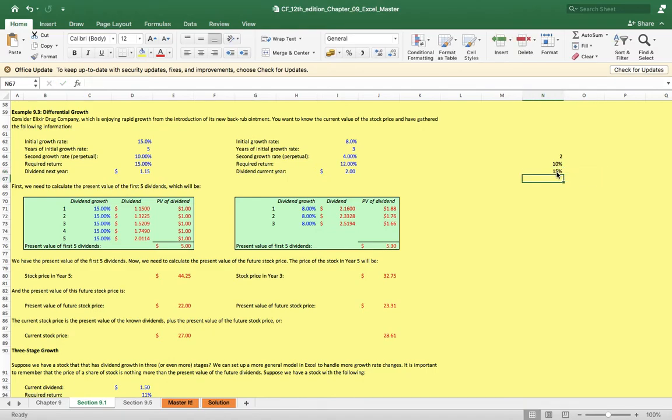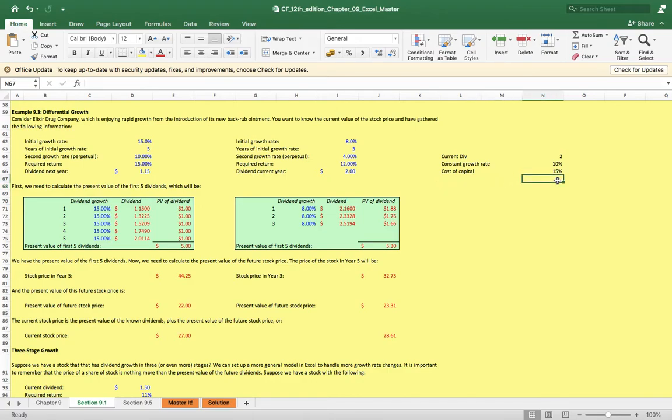The price of the stock will be, very simple, $2 is the current dividend, constant growth rate 10%, and cost of capital is 15%.